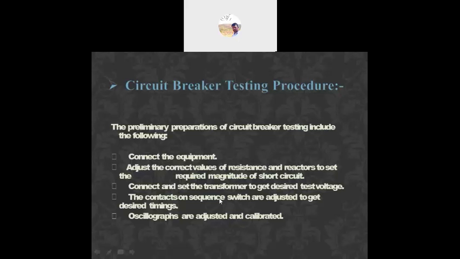Next, the contacts or sequence of the switch will be adjusted to the desired timings. Whatever is predetermined, whether it is working or not, will be checked with the oscillographs.